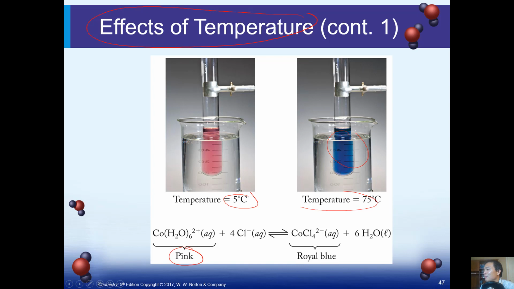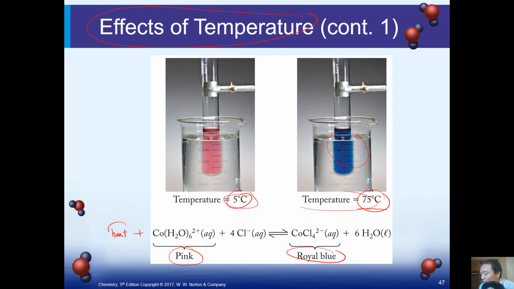Can you tell me if this reaction is exothermic or endothermic? How do we know? Hey, let's say this reaction is endothermic. If it's endothermic, you will see this phenomenon, which means when you increase the temperature from 5 degrees to 75 degrees, it will shift to the right side, which is blue, right? Okay. If it's true, that means it's endothermic, or else it's exothermic.